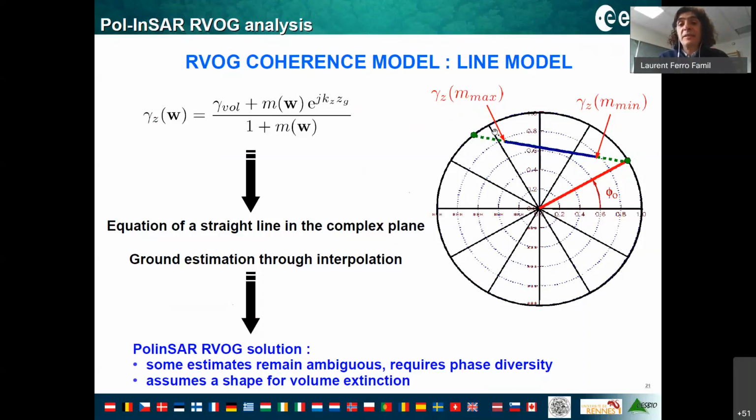And on the other hand, they hope that for this polarization, the response of the ground is very small, and that you can characterize volume using your favorite assumption. You just need an assumption to do it.